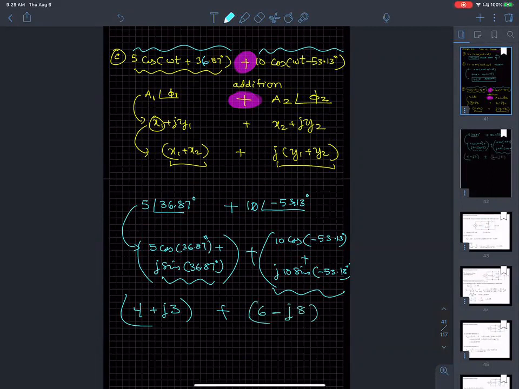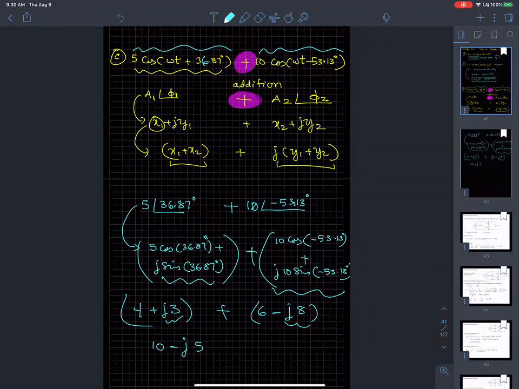Everybody with me so far? Yes. So now it's easy to do the addition in rectangular form. I simply add the real parts. There's a real part of 4 and a real part of 6, so I simply add them to get 10. And for the imaginary part, I simply add those corresponding terms, which comes out to be negative j5.